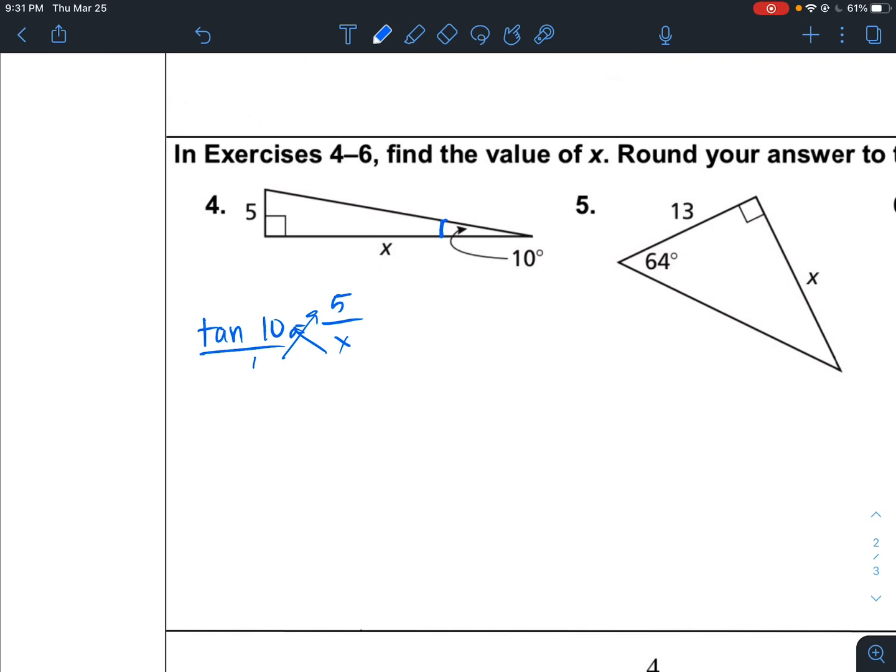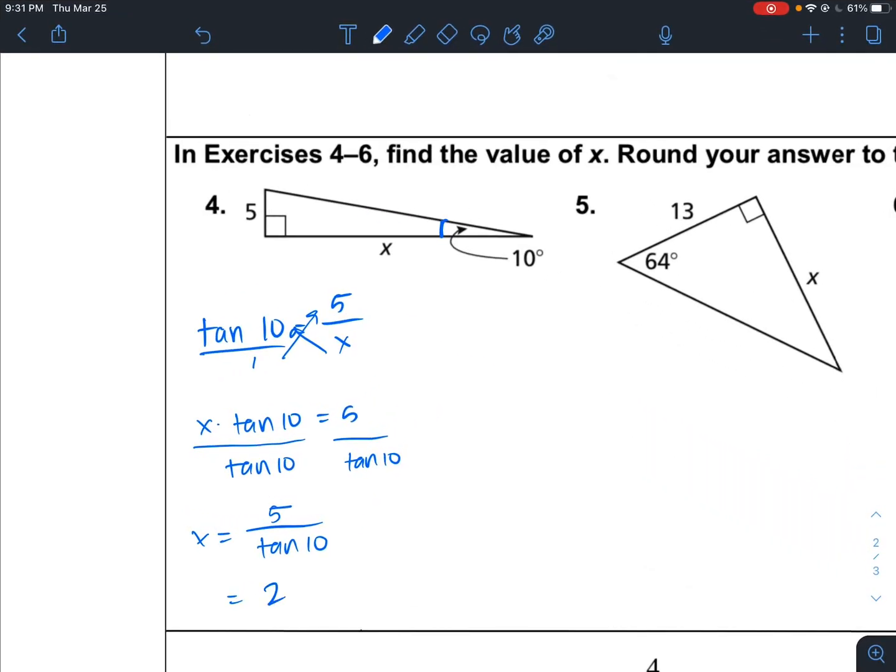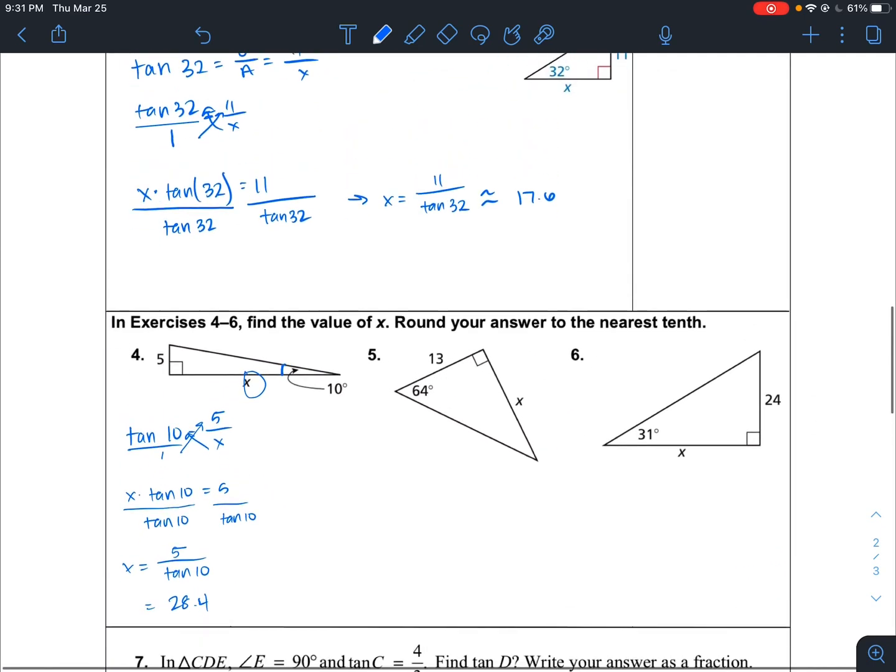So x times tangent of 10 is equal to 5, so x is equal to 5 divided by the tangent of 10 degrees. So 5 divided by tangent of 10 degrees, and I get 28.4. So that is the missing side length.